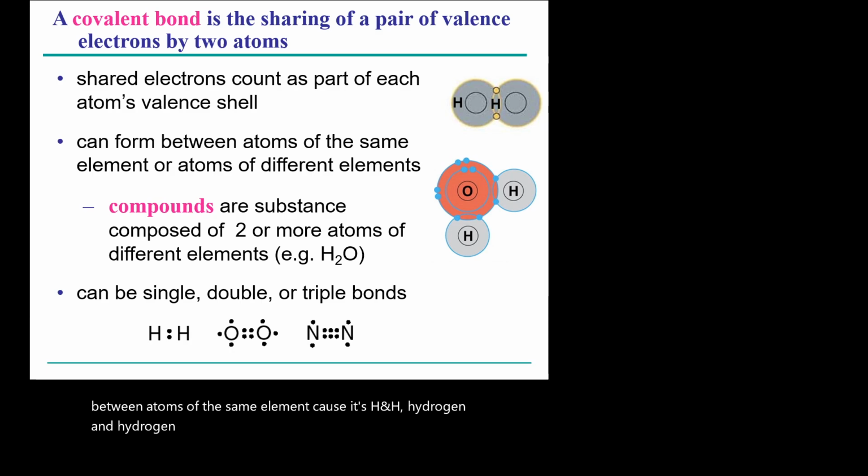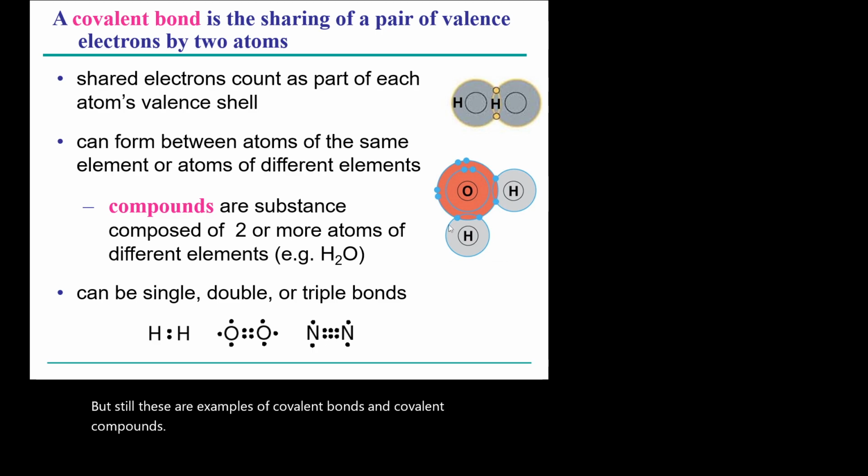You could also look at oxygen and oxygen, or nitrogen and nitrogen, which, if you hop down to the last bullet point, you can see gets a little complex with the formation of double and triple bonds with molecular oxygen and nitrogen, but still these are examples of covalent bonds and covalent compounds.